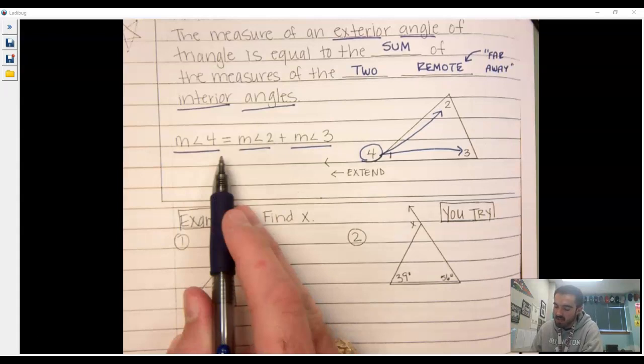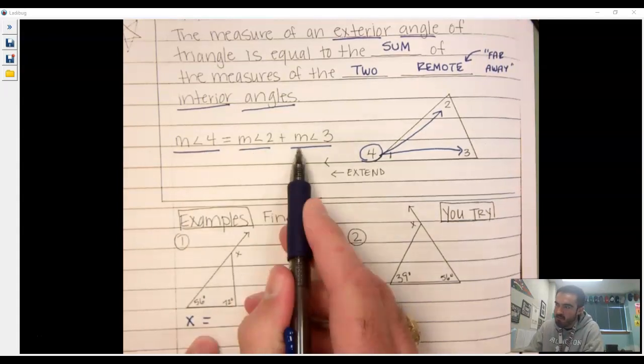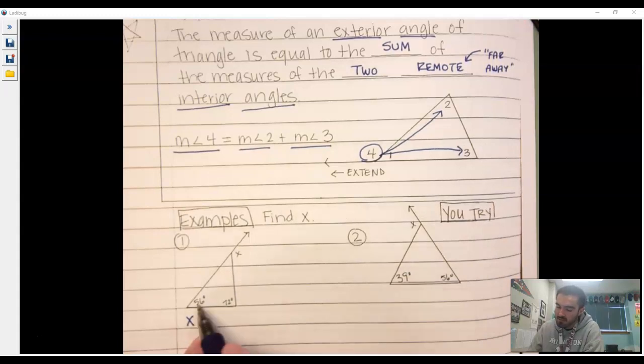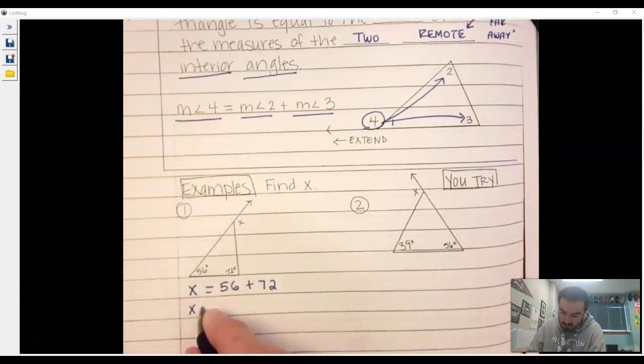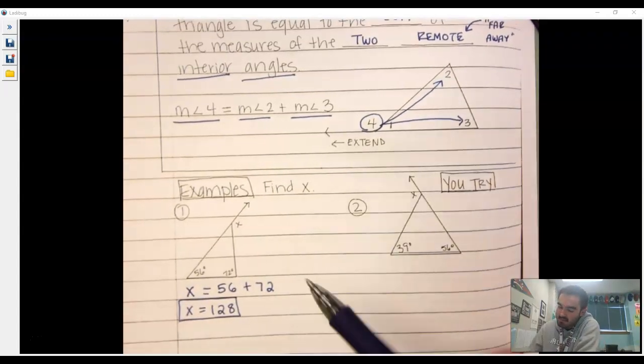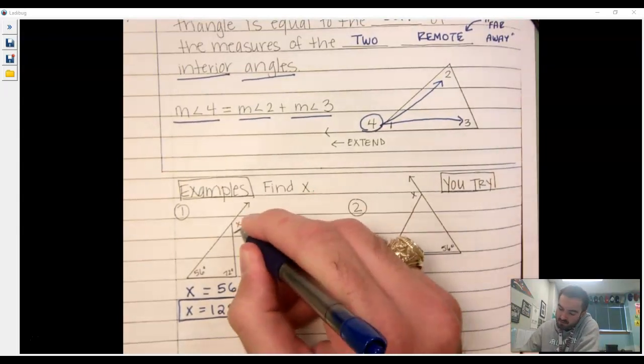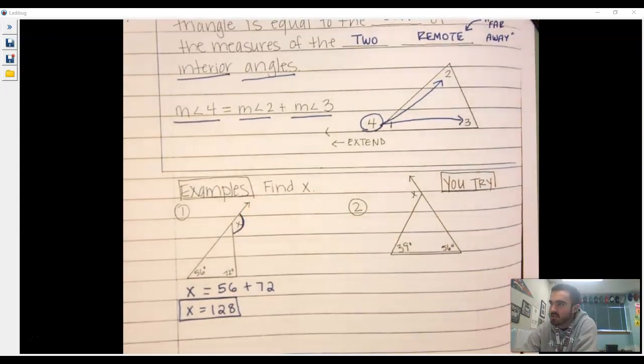X is going to equal the sum of my two remote interior angles, which are 56 and 72. So all I have to do is do 56 plus 72, and x would equal 128. Okay, not too bad. So that means that this angle right here is 128 degrees. Cool, not too bad. Let's try number 2.